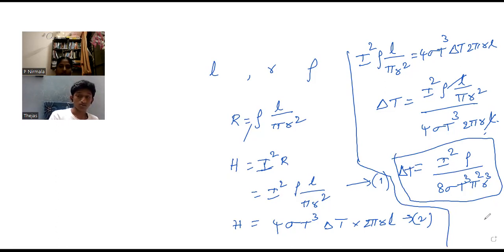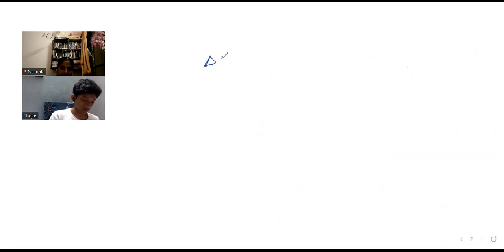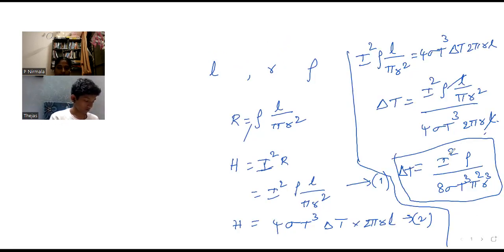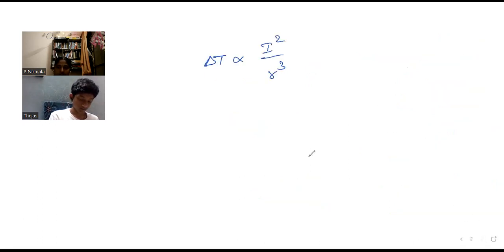From this we can write that delta T is proportional to I square by R cube, since all the other terms are constants. So we compare only I and R. I is the current, so the rise in temperature depends on the current and the radius. If the current increases, the rise in temperature also increases.